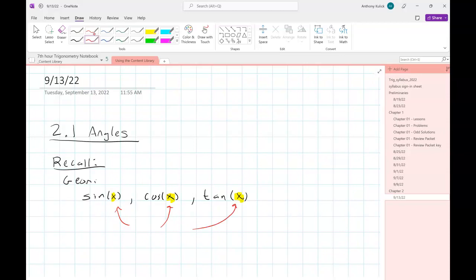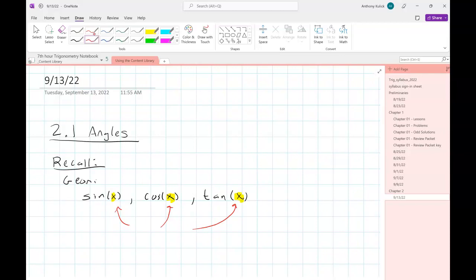Okay. More specifically, where does that angle measure have to come from? Can I put any angle measure in there? No. Where did that angle measure have to come from? In a triangle. What kind of triangle?